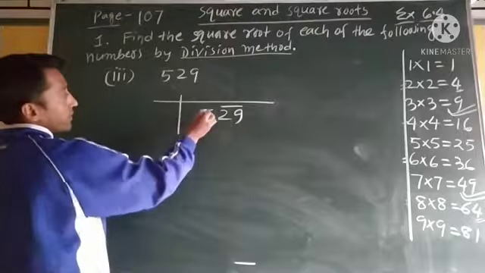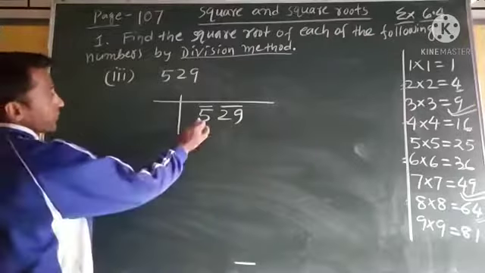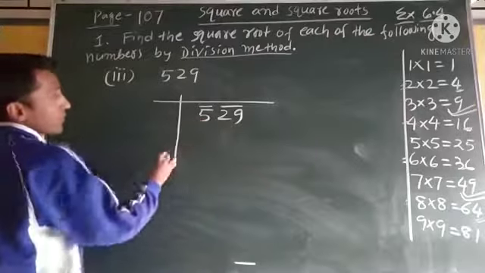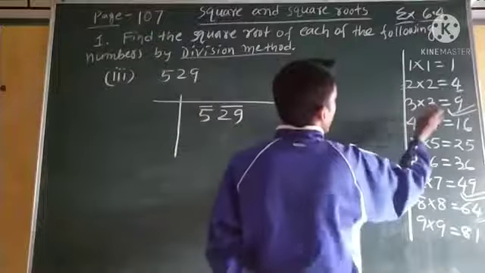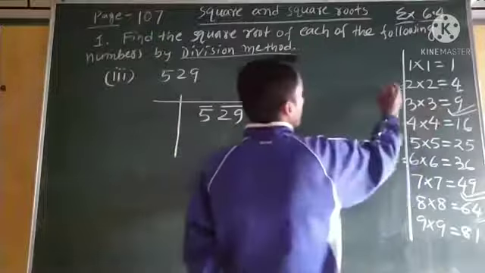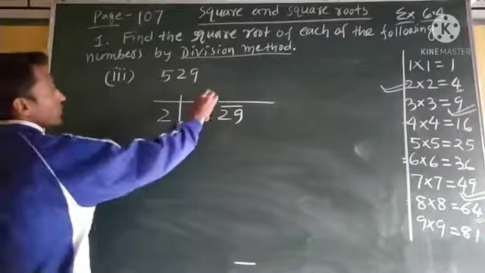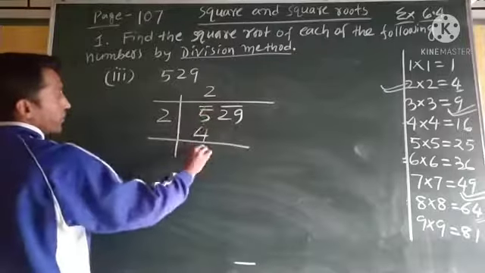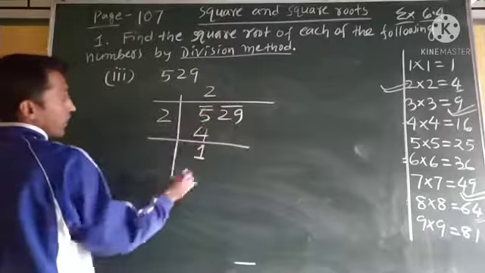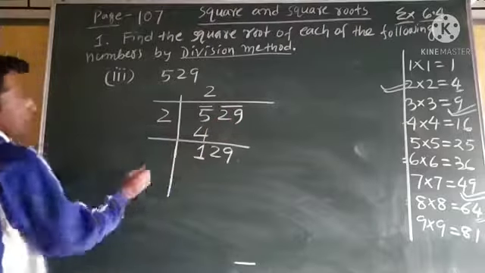We get only one single digit pair, 5. If you use 3, you get 9, which is greater than 5, so you use 2 first. 2 times 2 is 4. 5 minus 4 is 1. Now you bring down the next pair, 29.